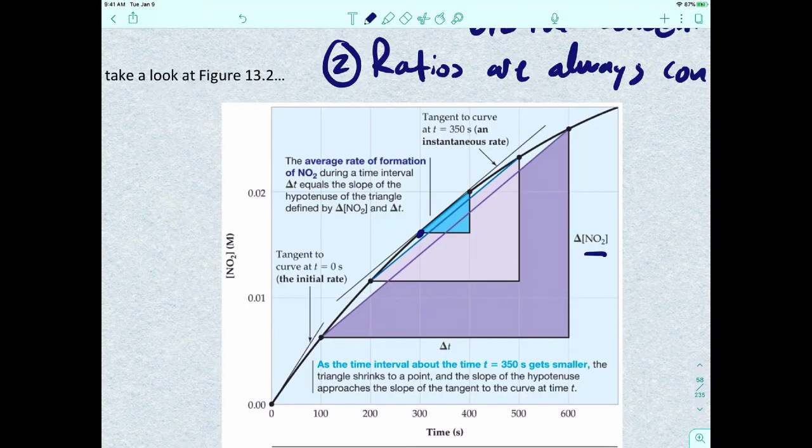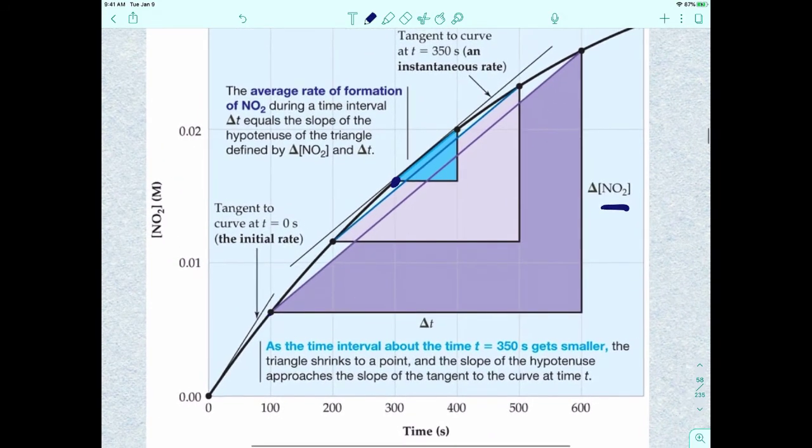And if I know that slope, then I know the instantaneous rate at a certain point in time. Now, what if I wanted to get the average rate of formation of NO2? What I would do is choose the time interval where I want to get that rate. So in this particular image, we're getting an average rate from 100 all the way to 600.